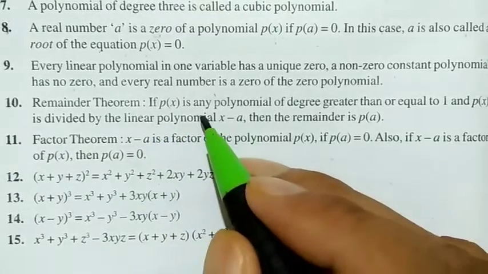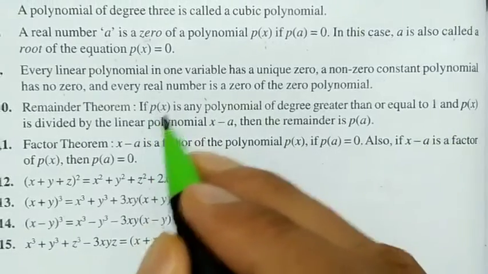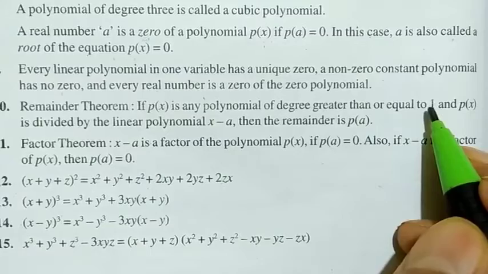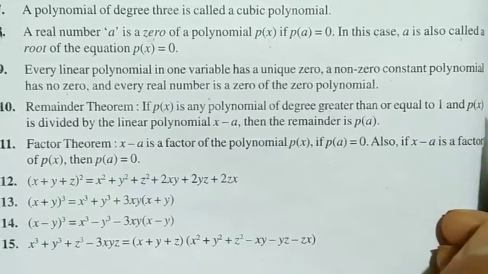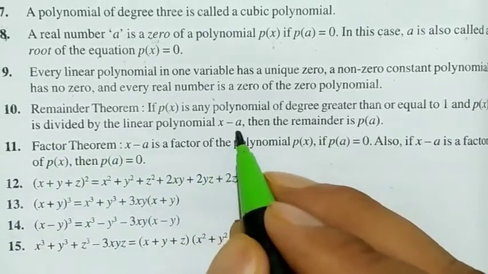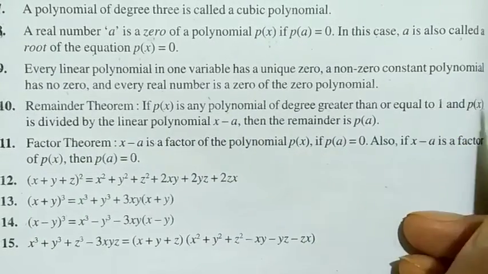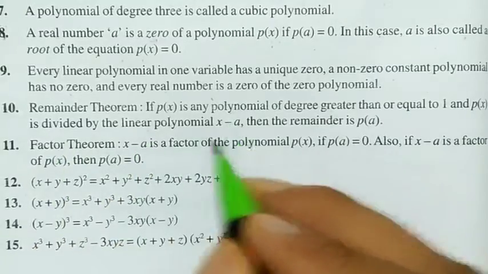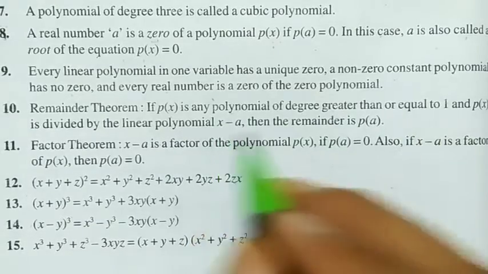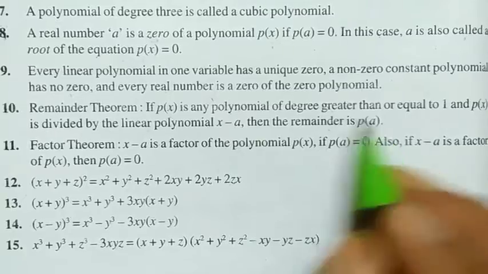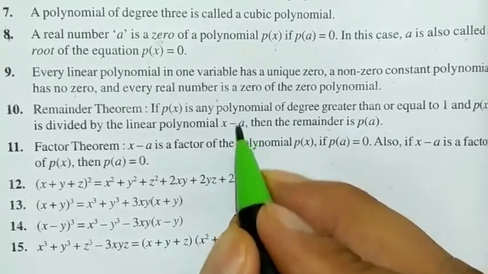Remainder theorem: if p(x) is any polynomial of degree greater than or equal to 1, meaning it is linear, quadratic, cubic, and so on, and p(x) is divided by the linear polynomial x minus a, then the remainder will be p(a). Here just remember the form x minus a, so just choose a from this.